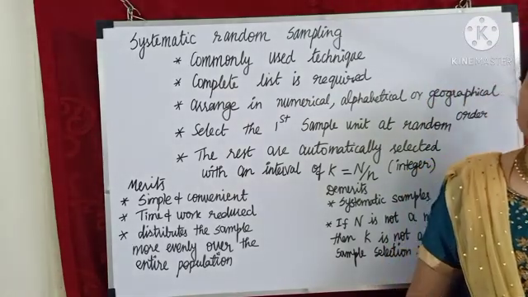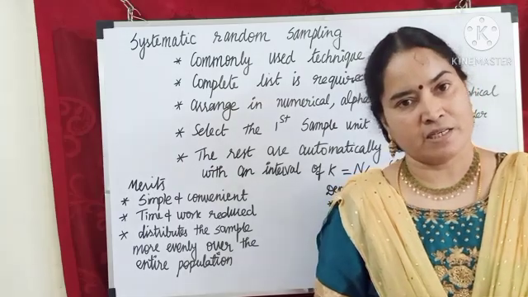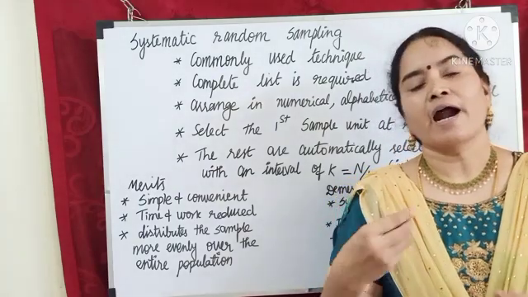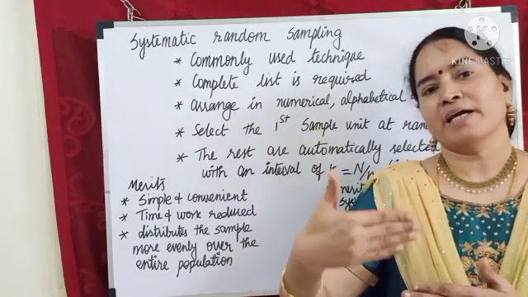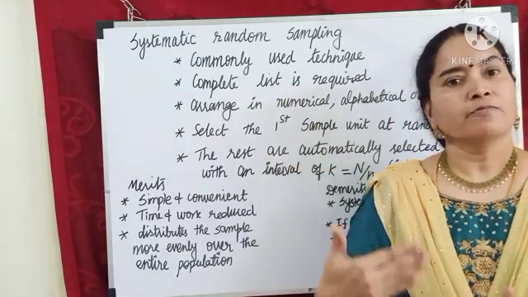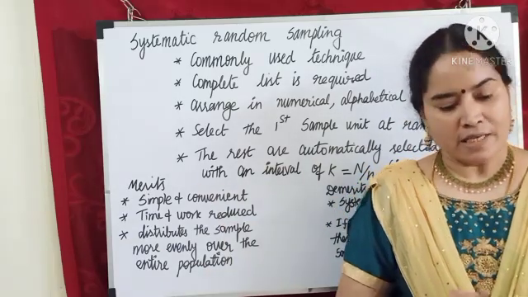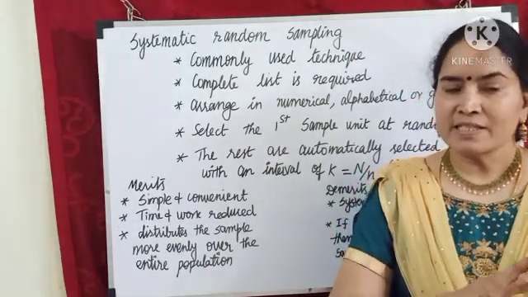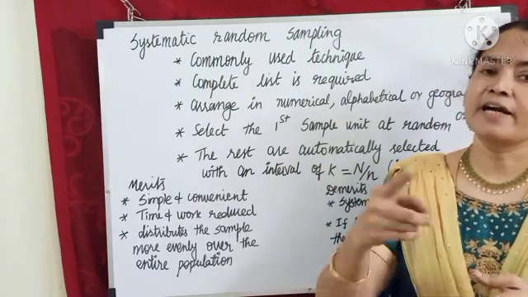Number 3, it is evenly distributing. When there are 5,000 persons and I want only 100 persons, who all am I selecting? 5,000 by 100, which will be 50. So every 50th person is included. Suppose my first number is 7, then 57, then 107, then 157.